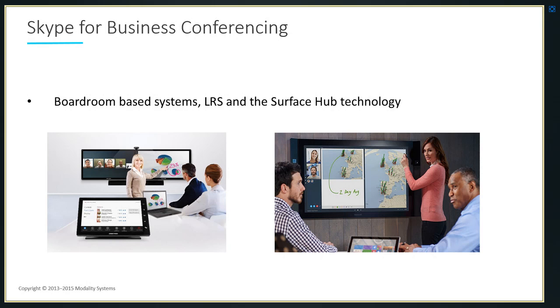As you can see on that image, on the left-hand side, you've got the participants all joined via audio. On the right-hand screen, there's a presentation and desktop share of some elements of some graph taking place. On the right-hand image is the new Surface Hub.